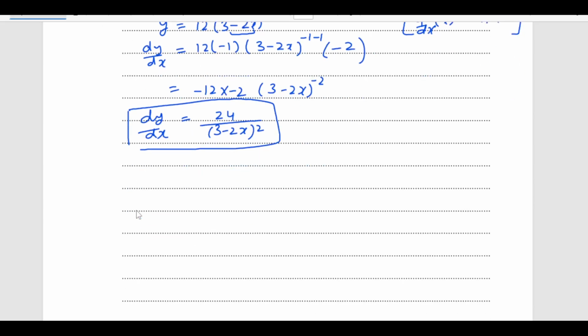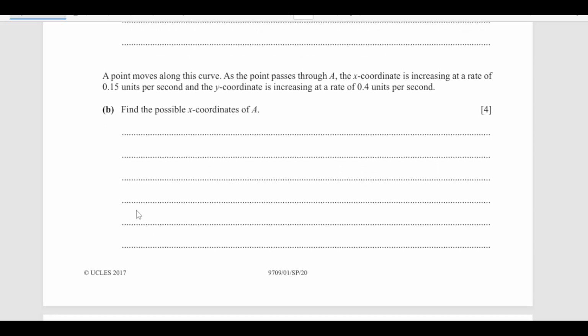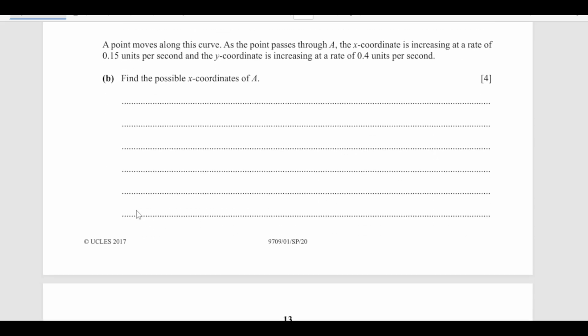Now, next question, a point moves along the curve A. As the point passes through A, the x coordinate is increasing at the rate of 0.15 units per second, and the y coordinate is increasing at 0.4 units per second. So, here we are given the x coordinate, dx over dt is 0.15 units per second.